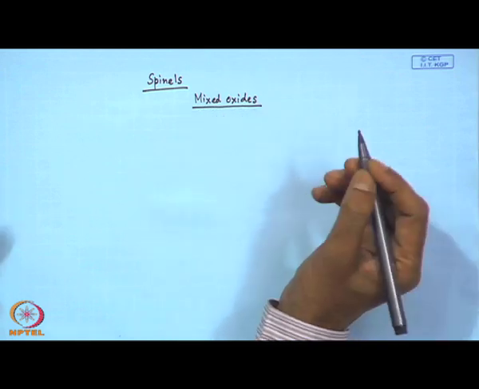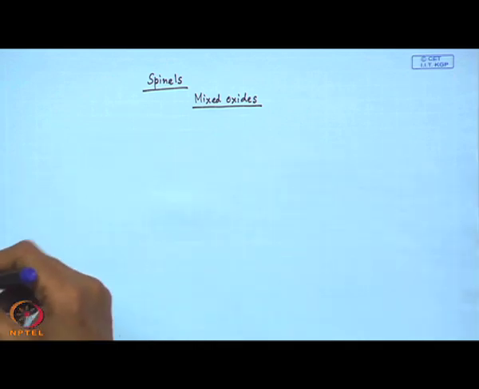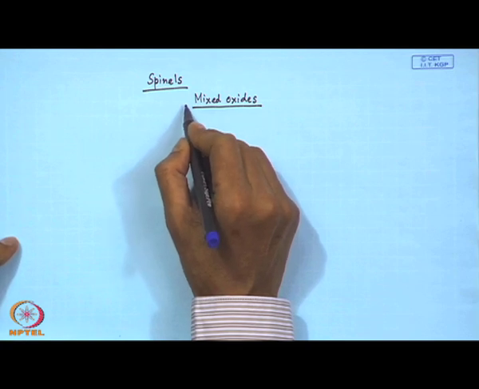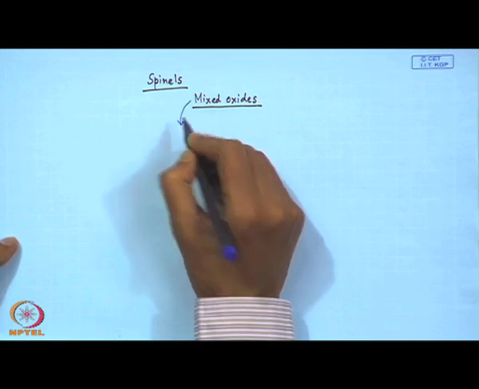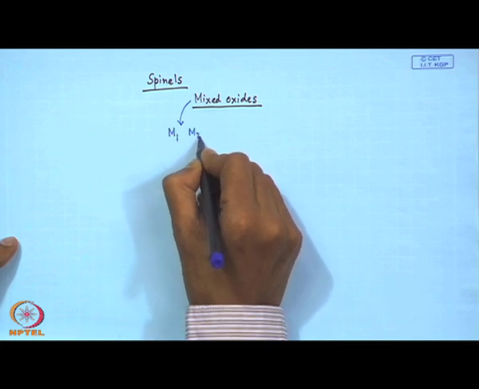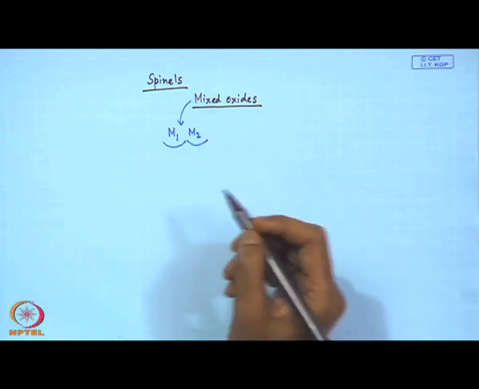How do we treat these mixed oxides with regard to the corresponding preference for their sites? We will be talking about the corresponding preference of these mixed oxides. That means we have metal ion M1 and metal ion M2, so where M1 will be there and where M2 will be there.